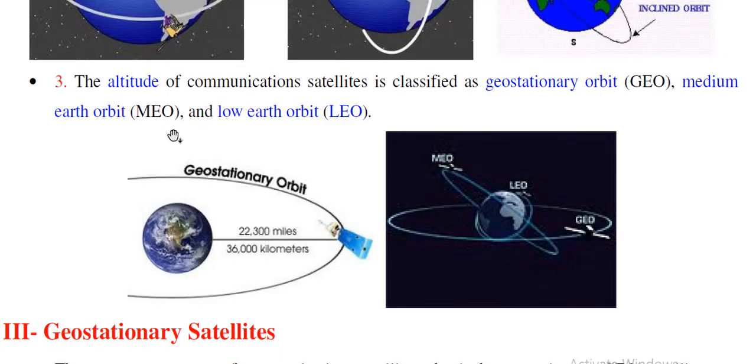So as we said before, the classification of the satellites or the orbits might be based on the distance of the orbit or of the satellite from Earth. The nearest orbits and satellites are called the LEO, the low Earth orbit.